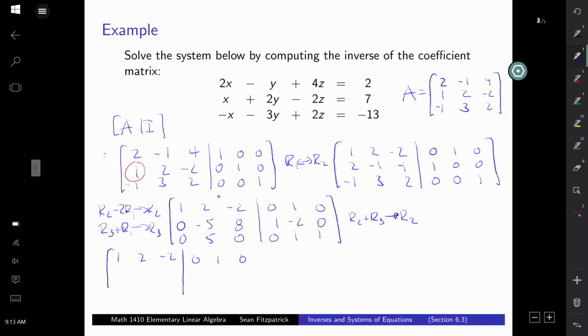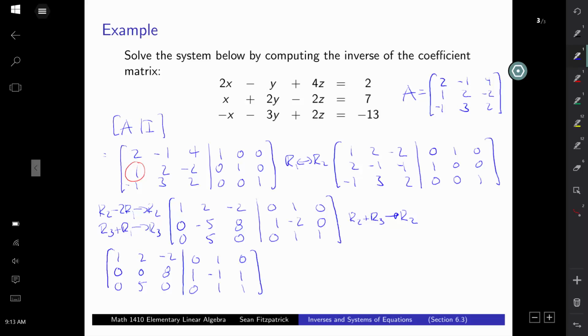Once you do enough of these, you can spot the occasional shortcut. So adding row 3 to row 2, I get 0, 8, 0, minus 2 plus 1, minus 1, 1, 0, 5, 0, and then 0, 1, 1.